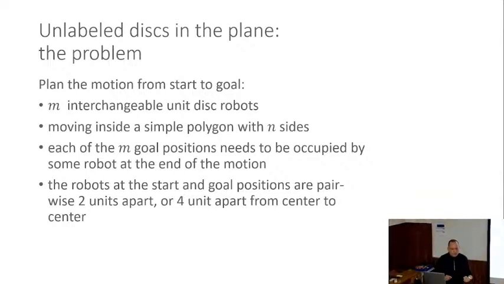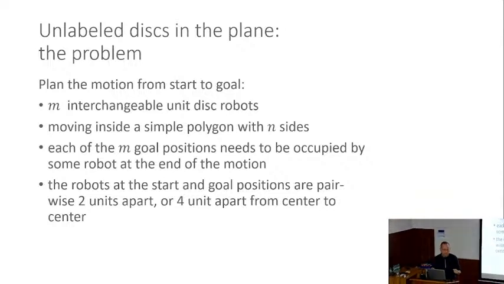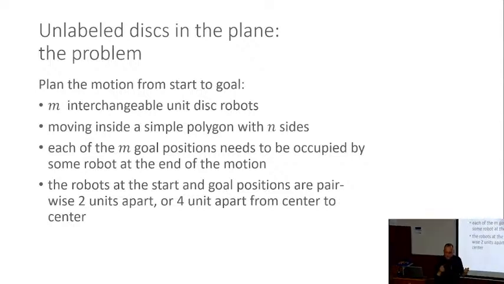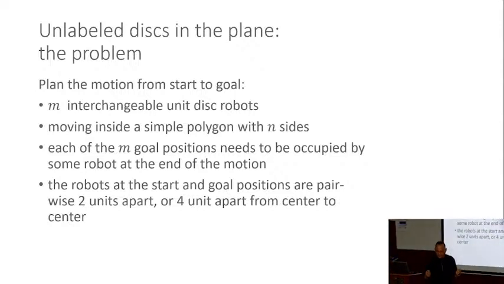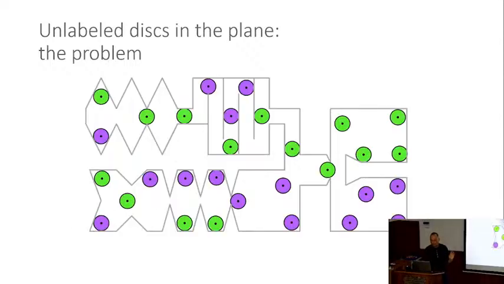When I look at all the start and target positions, where the centers are, I ask that there will be 4 units distance between them. So when I put 2 robots, they'll have 2 units separation between them, because the robots have unit radius. And this is the problem that I want to investigate.